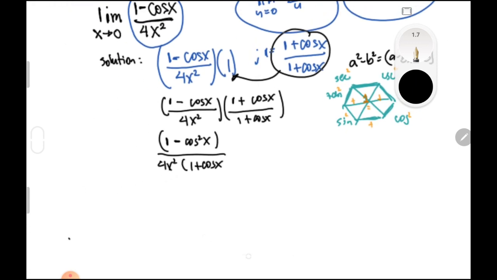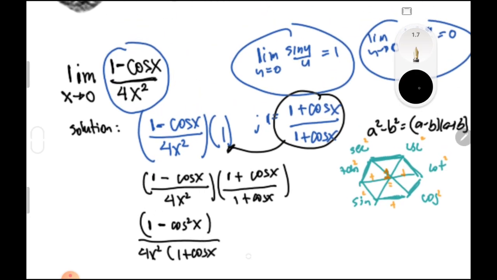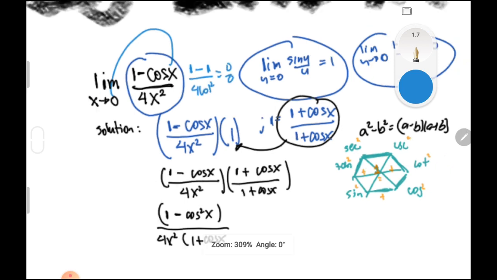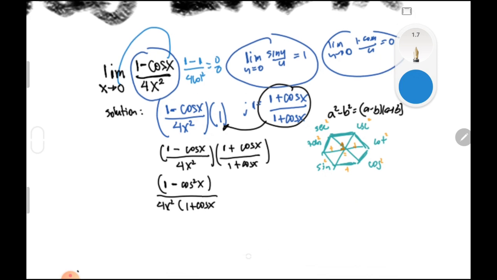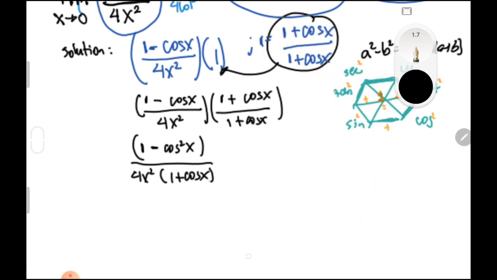Why is cosine x at the bottom? Actually, this will no longer be indeterminate. If you substitute 0 directly, we have 1 minus 1 divided by 4 times 0 squared, so we have 0 over 0, which is indeterminate. Therefore, we need to manipulate it into an equation where we can actually solve the limit as x approaches 0.